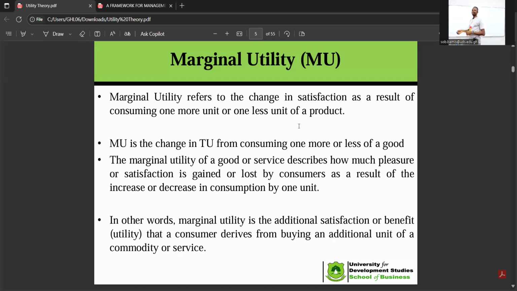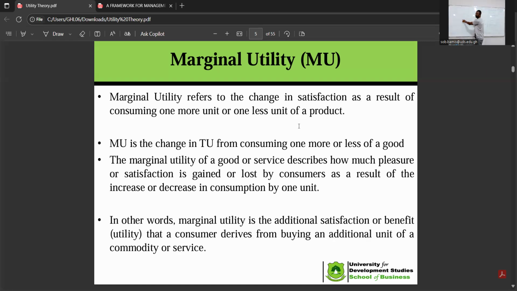It means that your marginal utility is going to be 5 minus 2 divided by 2 minus 1. It was in consuming the second unit that your total utility increased from 2 to 5.